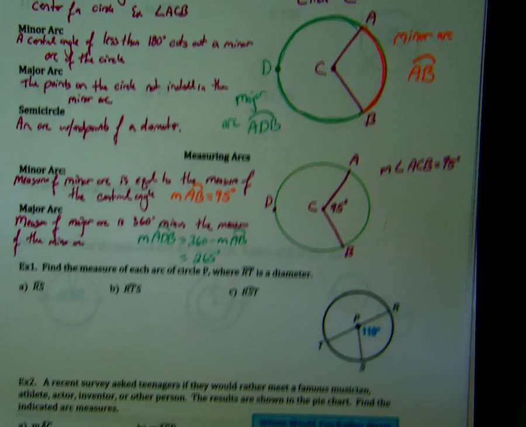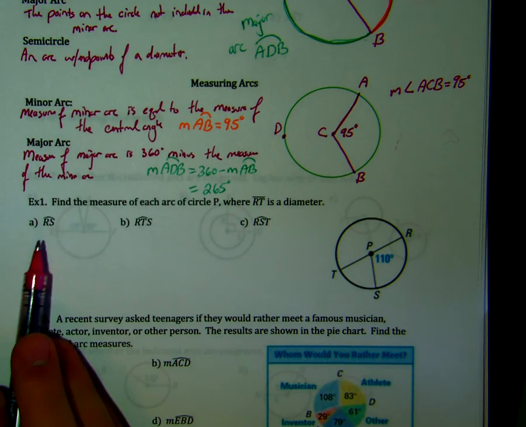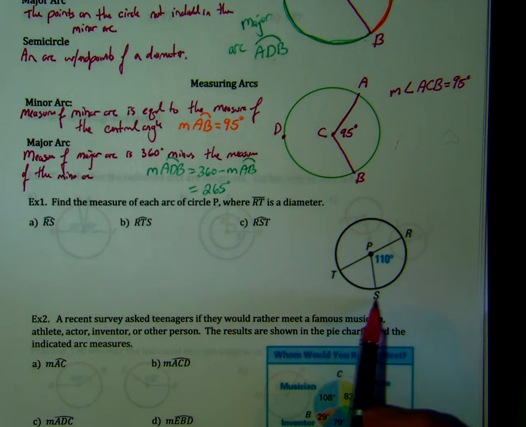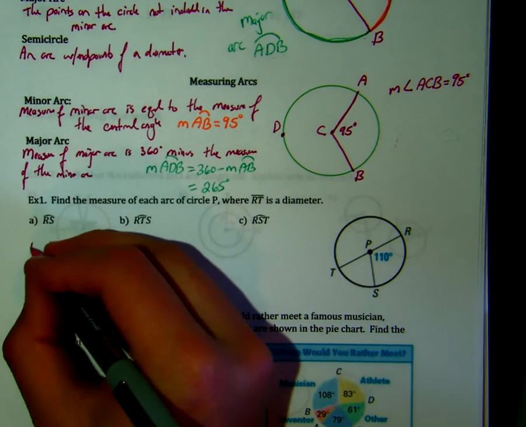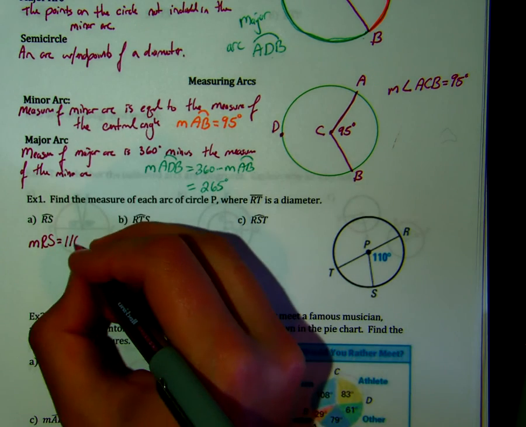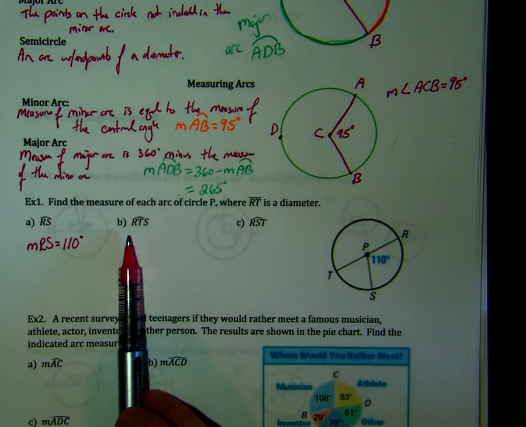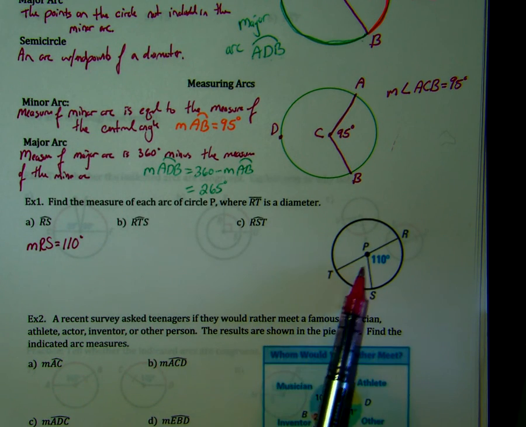So for some examples here, the measure of arc RS is equal to the measure of the central angle RPS. So the measure of arc RS is 110 degrees. Measure of arc RTS, we don't know what this is.